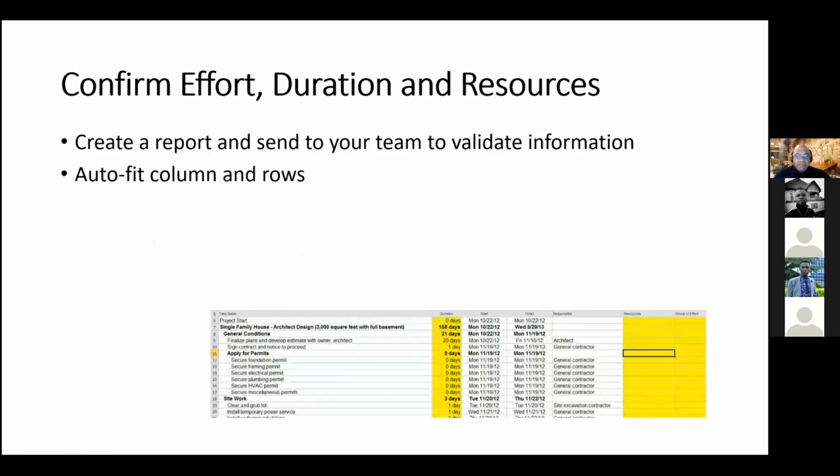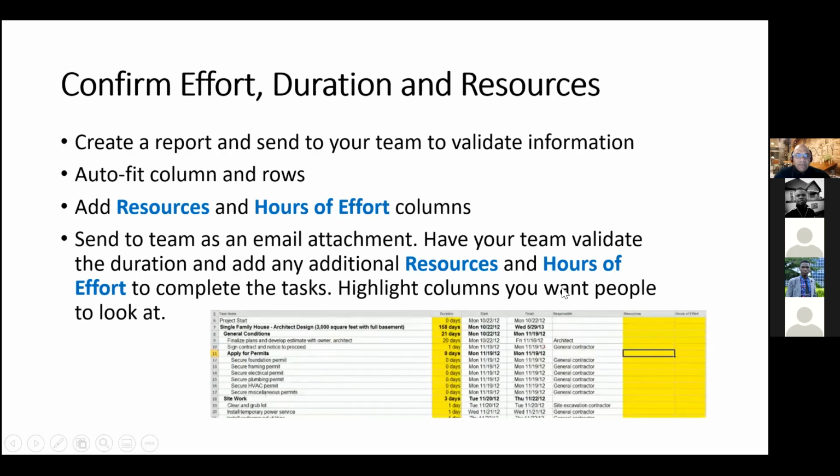So you want to auto fit your columns and rows in Excel. You can add your resources and your hours of effort. You can send this to your team as an email attachment.